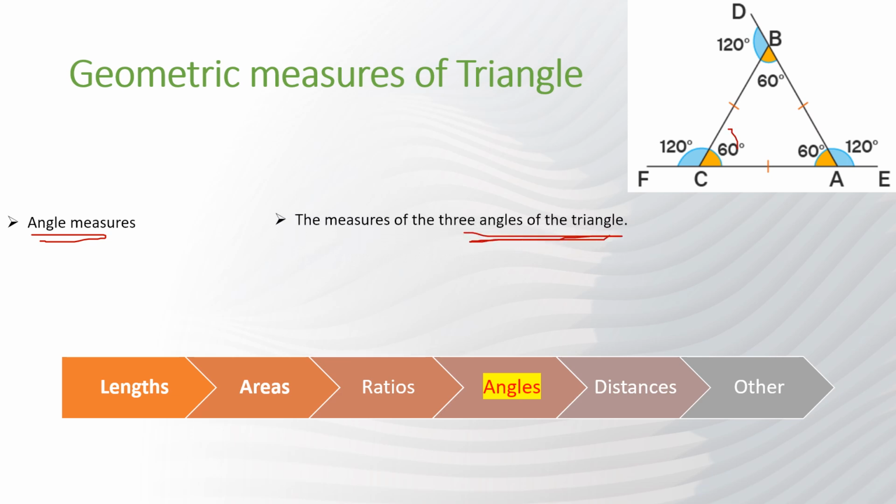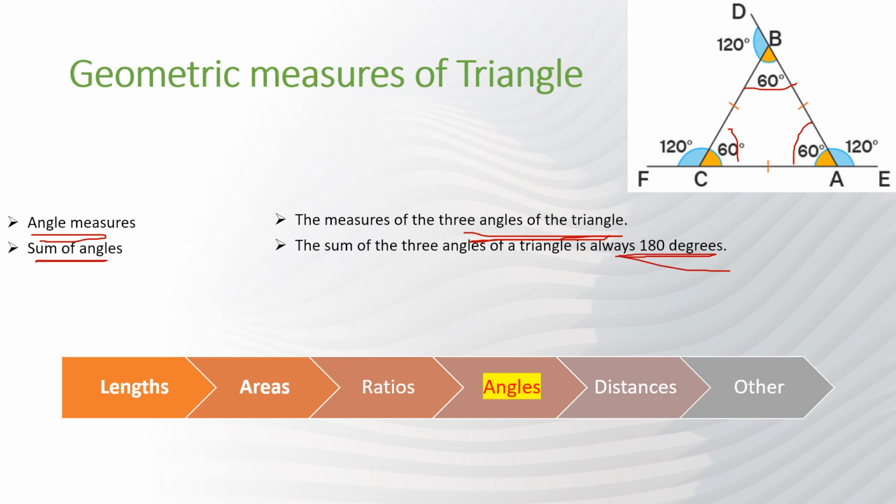How much is each degree? How much is this degree? How much is this degree? And one more thing we need to be careful about: what is the sum of all the angles? For a triangle, it's always 180 degrees. We should make sure of it. Are we making sure that the sum of all angles is 180 degrees, and does it really make sense, right?